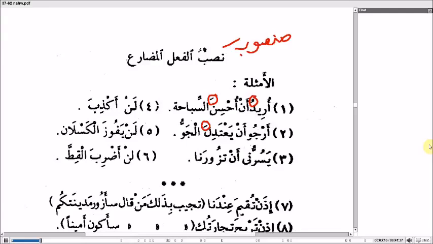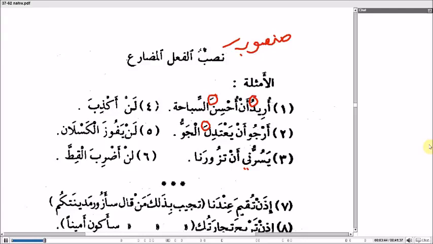Right? Read number 3 for us, Yasin. يسرنا أن تزورنا. It should be yasuruni, but the dots aren't there. يسرني أن تزورنا. Yeah, yasuruni, meaning it makes me happy.